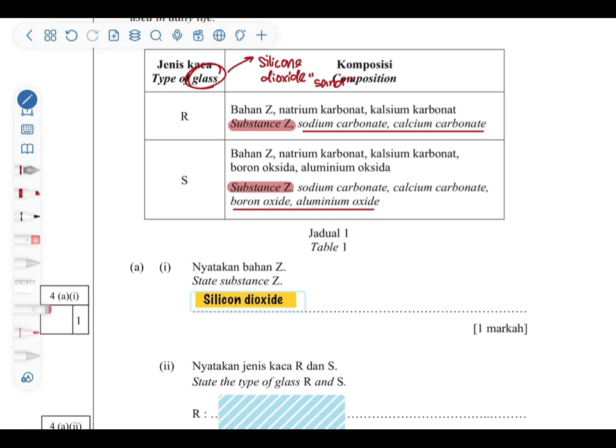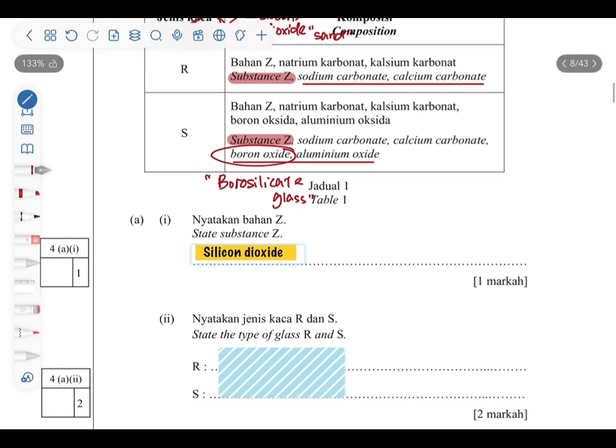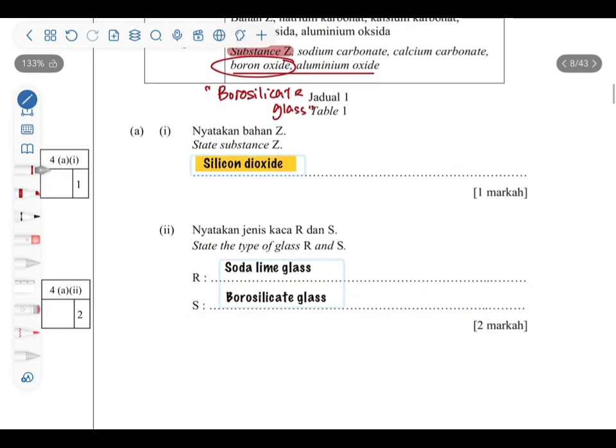Then for glass S, we have boron oxide. You need to remember that only one type of glass has boron oxide as one of its compositions, which also starts with B, the borosilicate glass. So this is a tip you can remember: for boron oxide, the glass will be borosilicate glass, which also starts with the letter B. So this will be the answer.